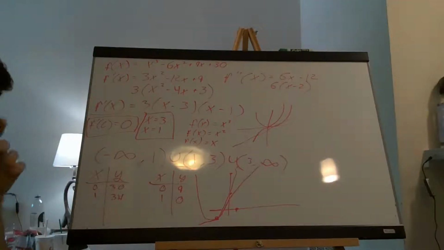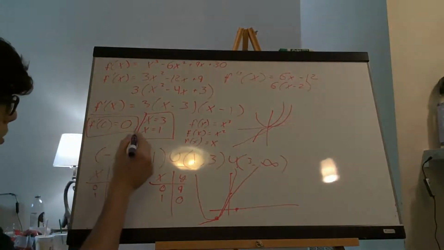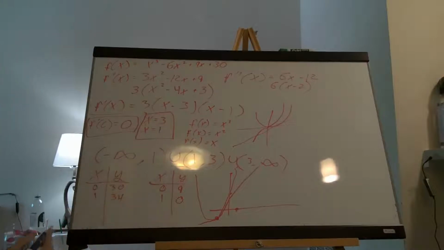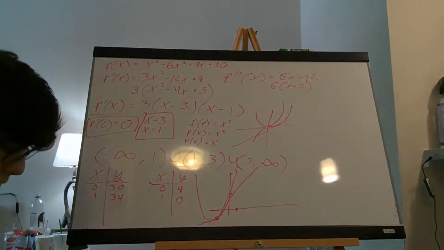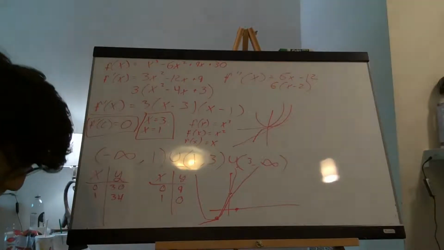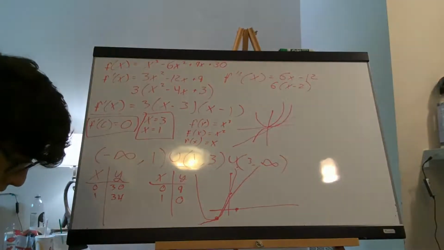So where was I? Critical numbers. f prime of c equals 0, so we've got the critical number c equals 3, and the critical number c equals 1. So now let's look at the first derivative test again. If f prime changes from negative to positive at c, then f of c is a local minimum.